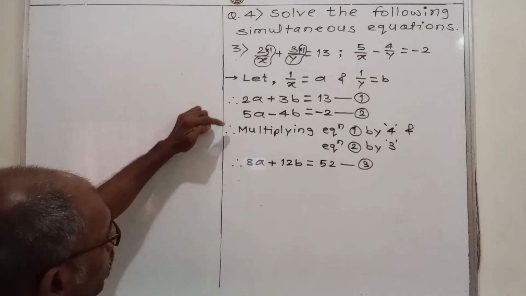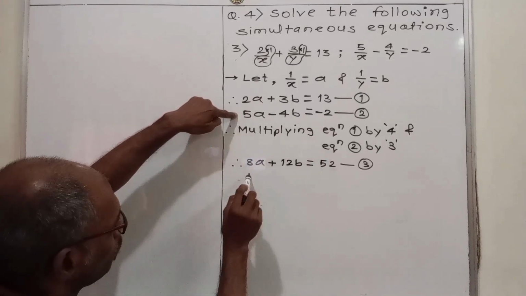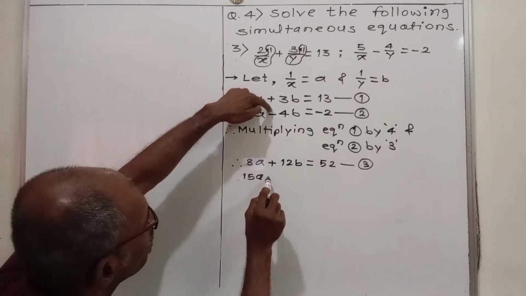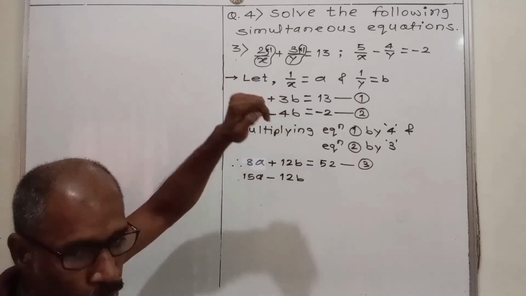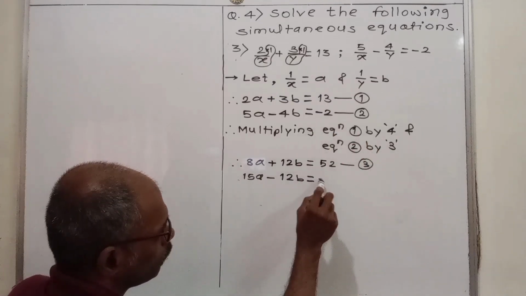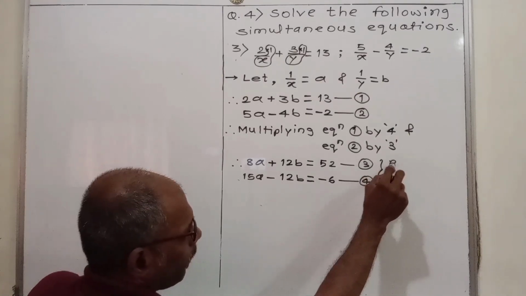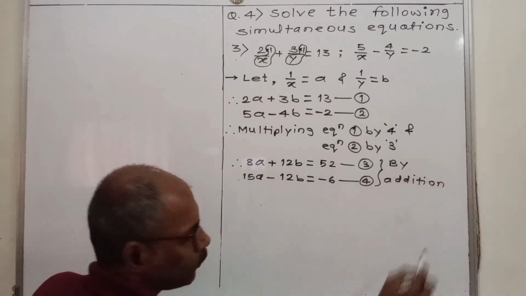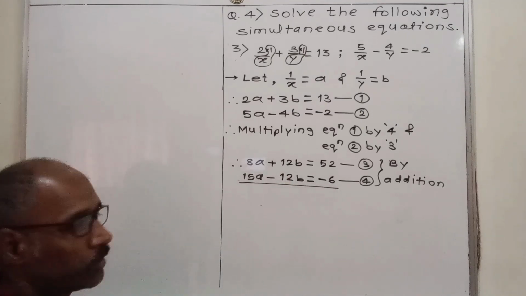Did you get it? Then we multiply this by 3, 3 into 5, 15a minus 4b into 3, 12b, is equal to minus 2 into 3, minus 6. By addition. Did you get it? Addition, because the signs are opposite.